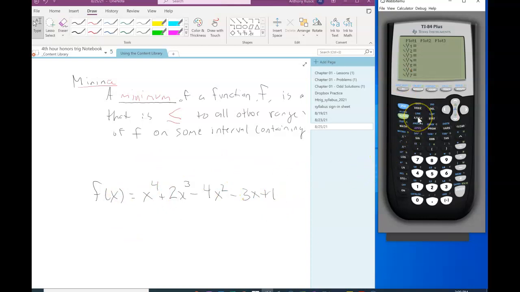So the X button is here next to the green alpha button. The exponent button is there above the division symbol. And then everything else is just like on the home screen. So you can just fill that in. This is the third time I've typed this into my calculator today, but that's okay.